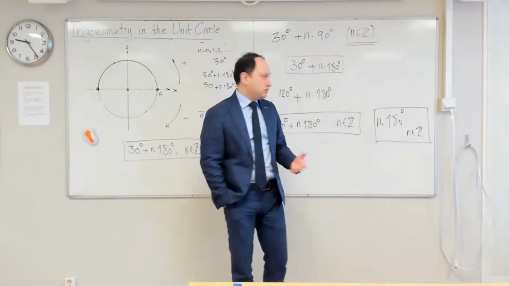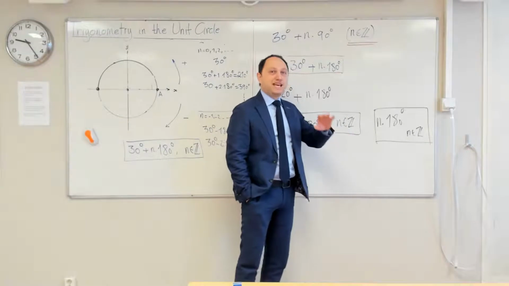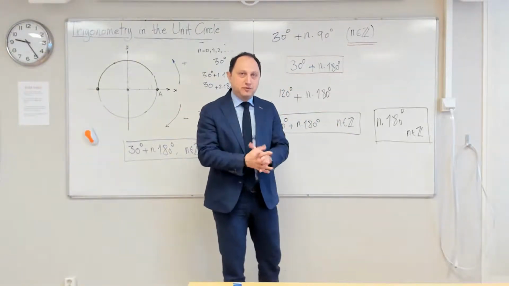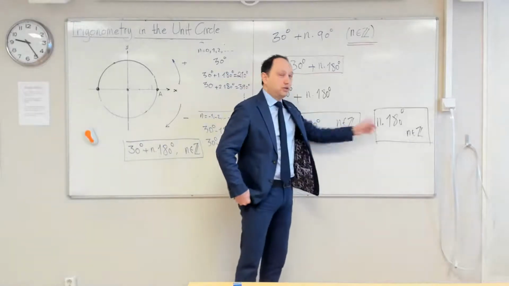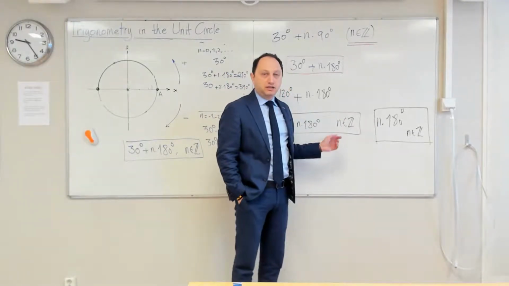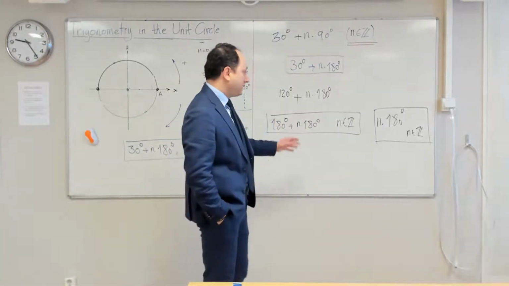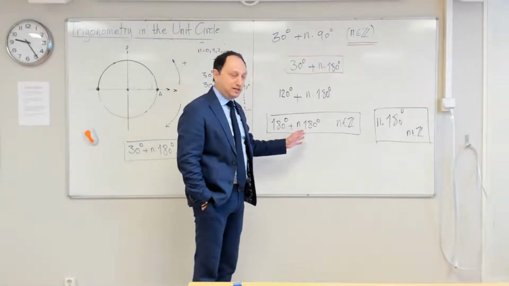If you can convince yourself that they generate exactly the same set of points on the unit circle, then these two formulas are equivalent. This is easier to understand geometrically, but I want you to understand it algebraically. I will talk about that a little bit later.